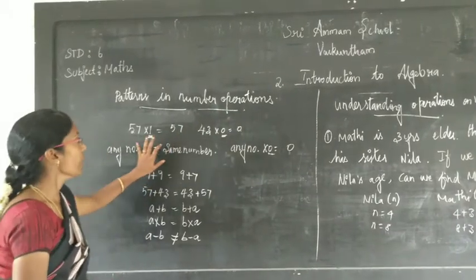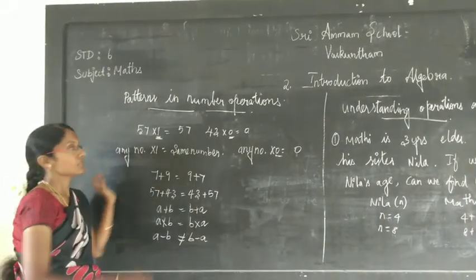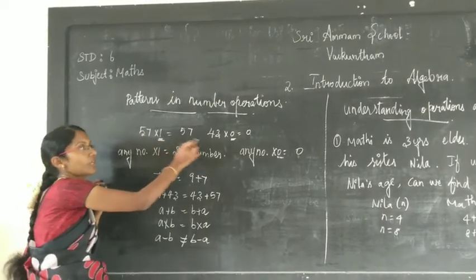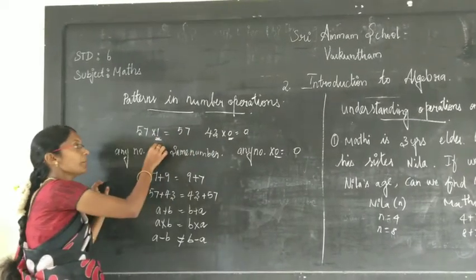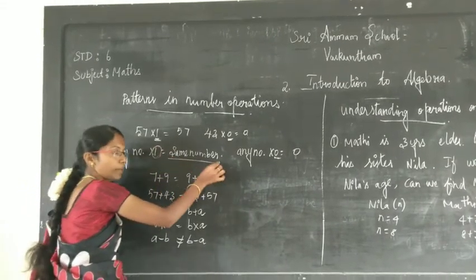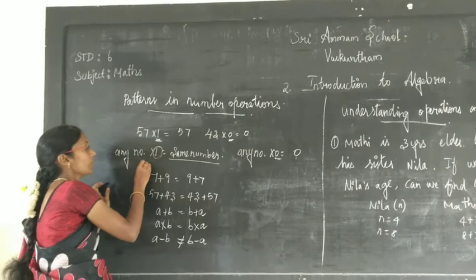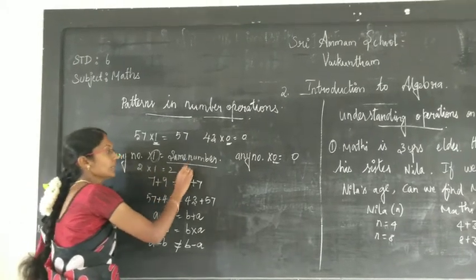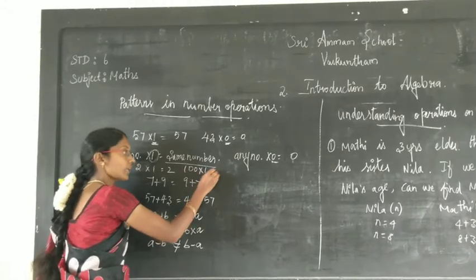So see here, 57 into 1, you get 57. That is, any number you multiply by 1, what will you get? The same number. For example, 2 multiplied by 1 you get 2, 100 multiplied by 1 you get 100.